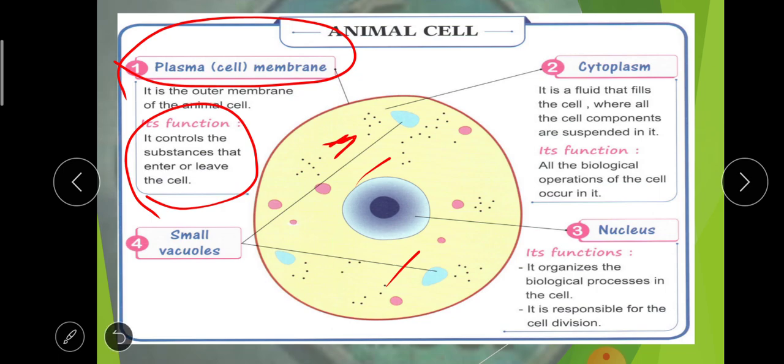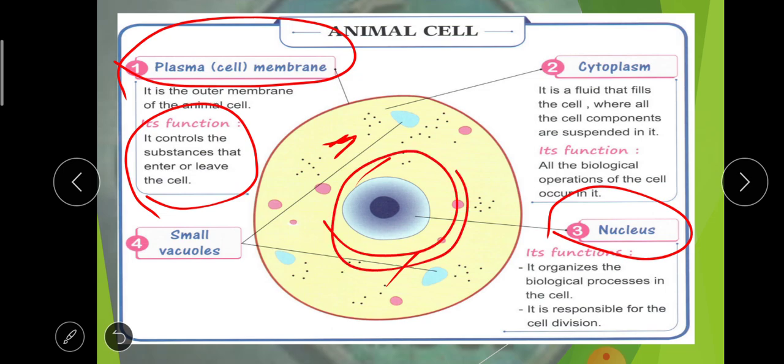After that, the third component of the animal cell, the nucleus. The nucleus is like the brain of the cell. It organizes all biological operations, and it is also responsible for cell division.